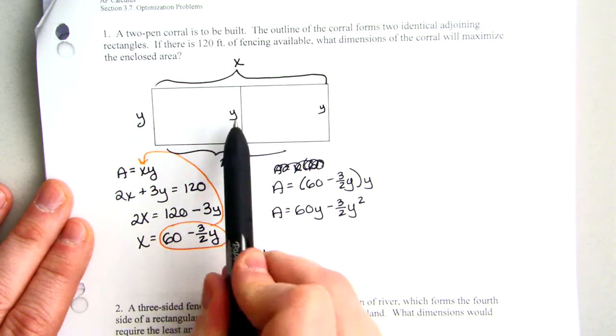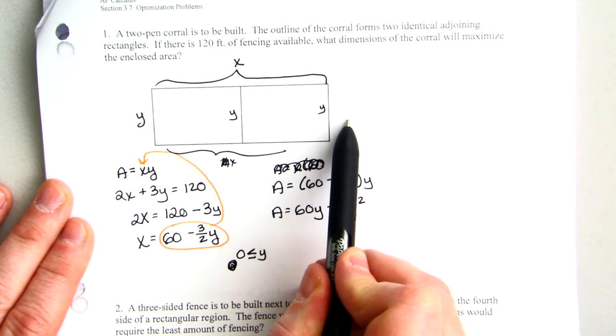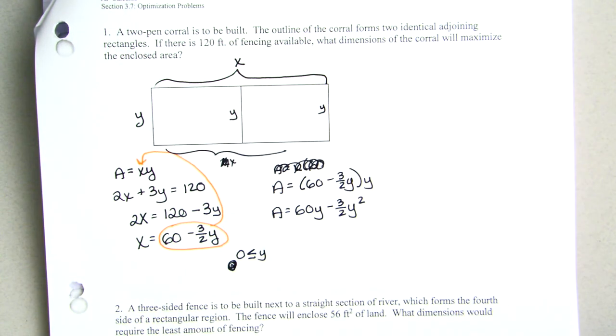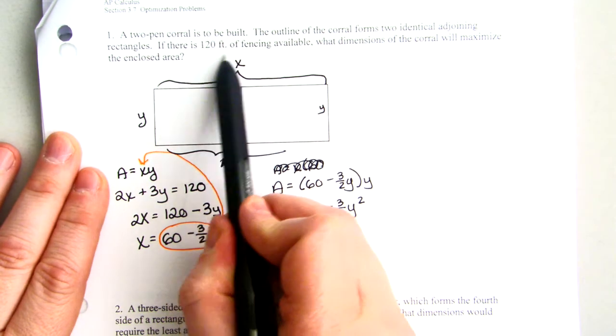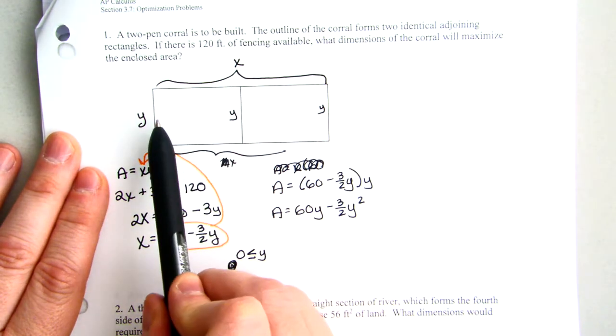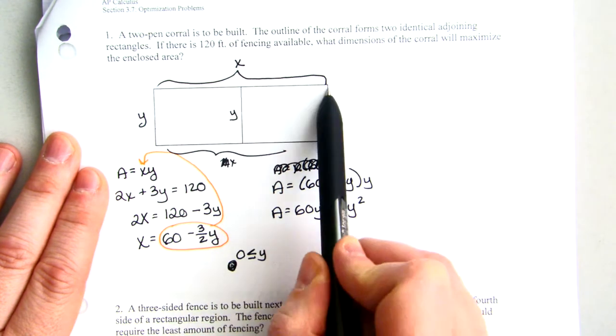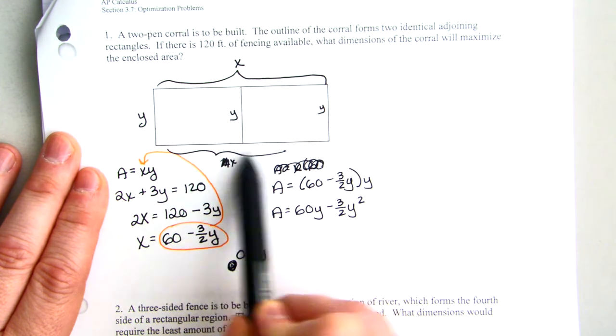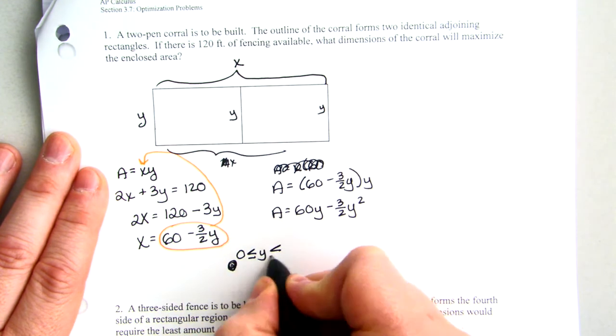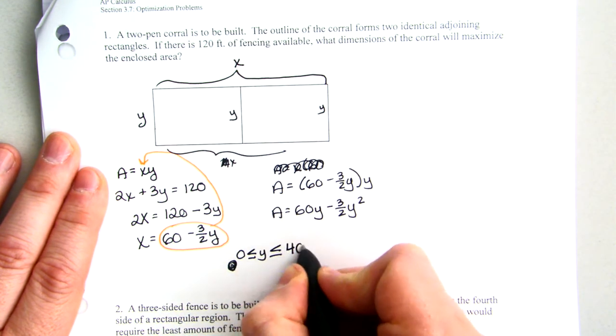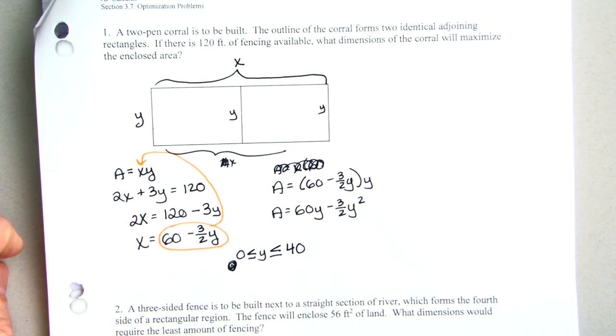What's the absolute most that y can be? Because I've got 120 feet of fencing, if I do 120 divided by 3, this could be 40, this could be 40, this could be 40, and that would leave me nothing for the other dimensions. So I think y has got to be in between 0 and 40.